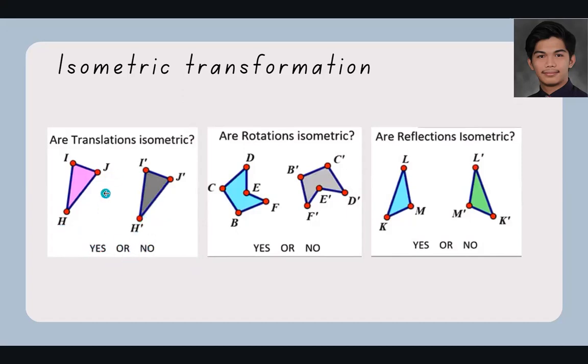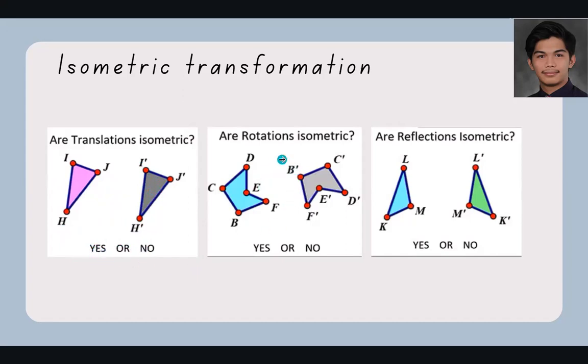So in this case, is this a translation isometric? Well, we can see that its initial point is going in this direction, and we can tell that the figure is retained while the points have been shifted. So yes, this is a translation isometric.